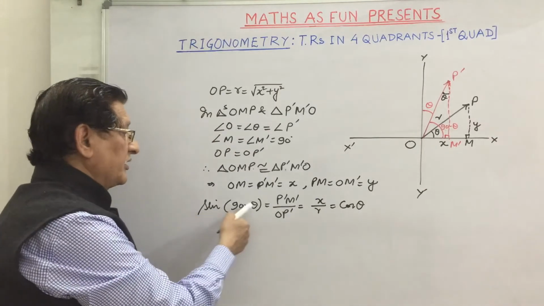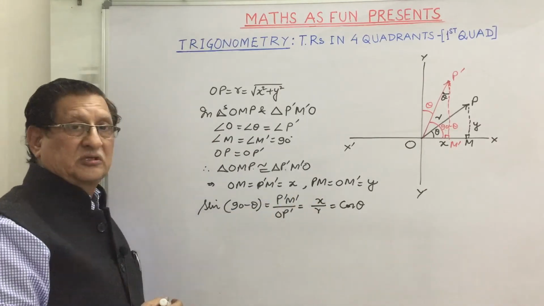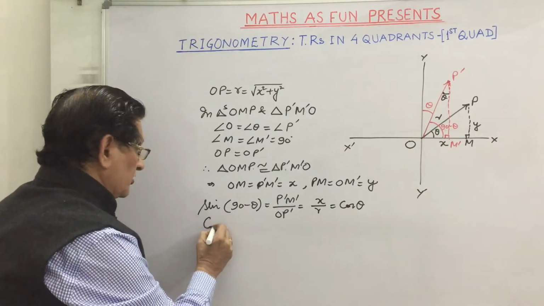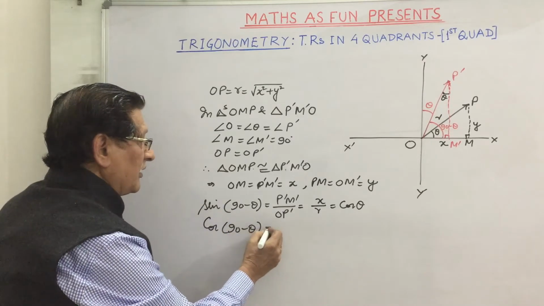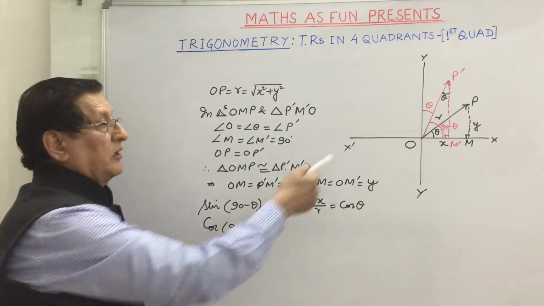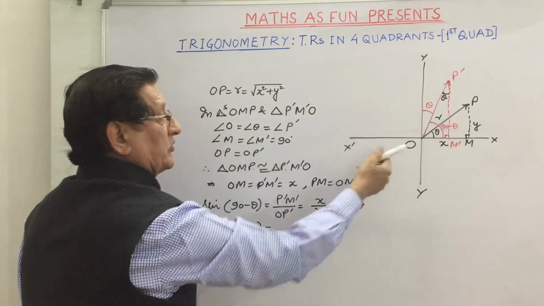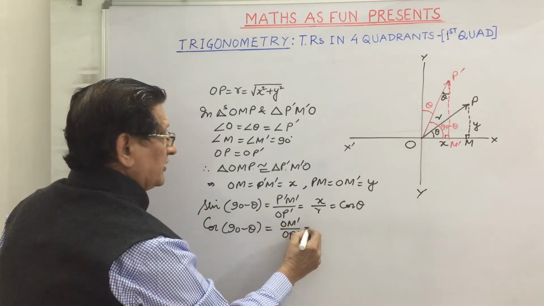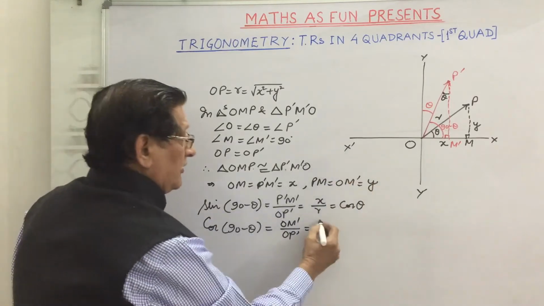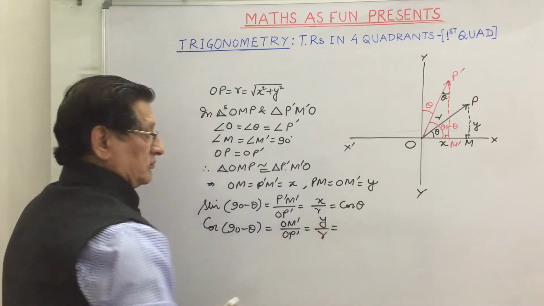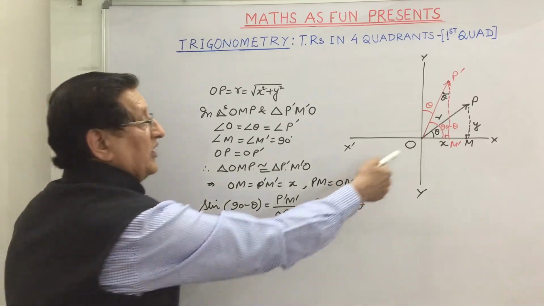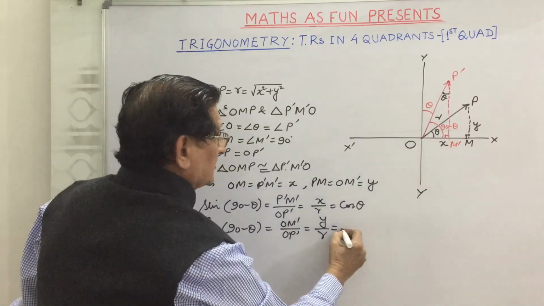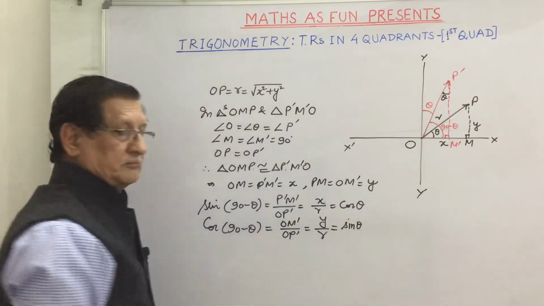So the value of sine 90 minus theta is same as cos theta. If we go for cos of 90 minus theta, here it will be based upon hypotenuse, that is OM dash upon OP dash, and that will be y upon r, and y upon r in this case is same as sin theta.